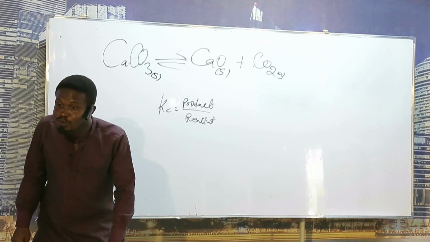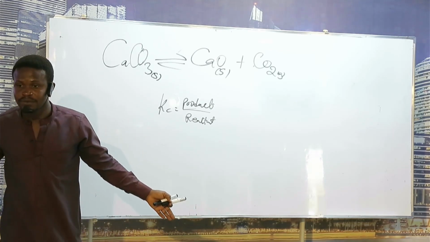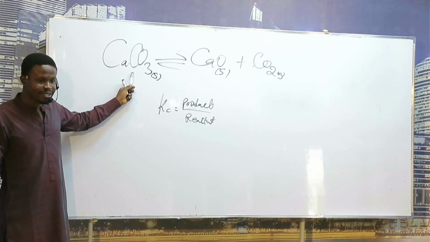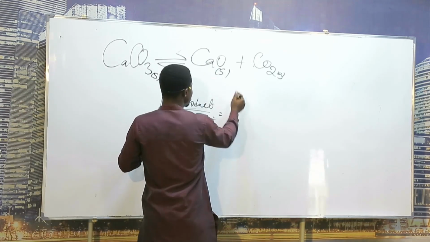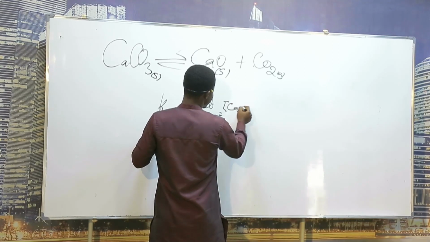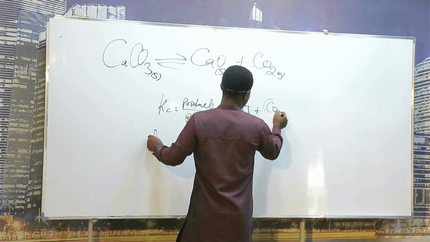Unity. One. Don't consider it. Is this guy a solid? So this is going to be the product: CaO and CO2.